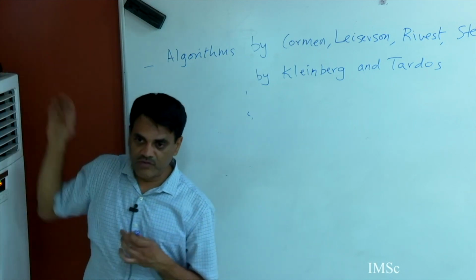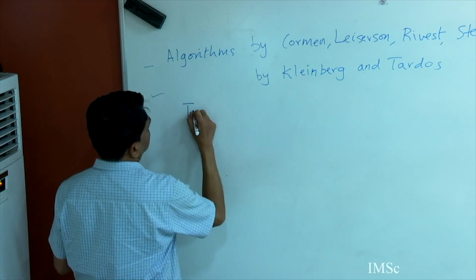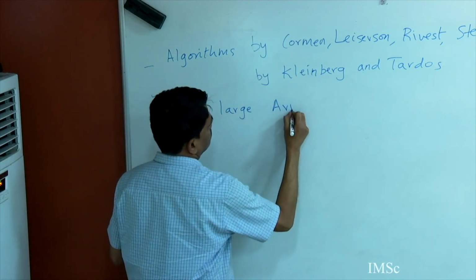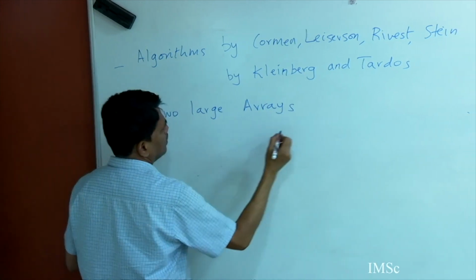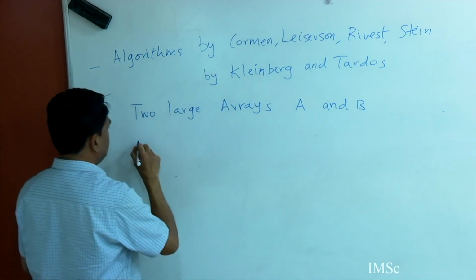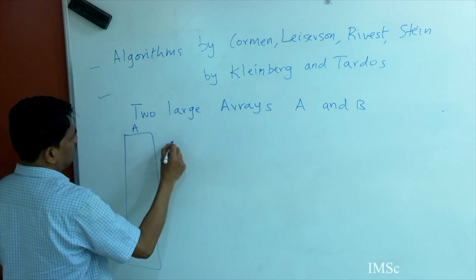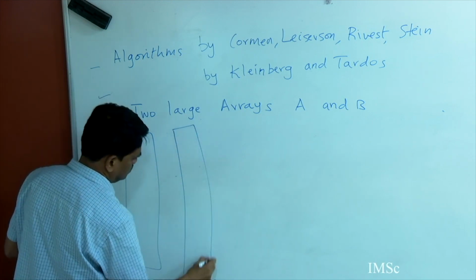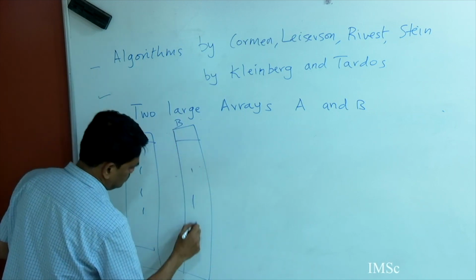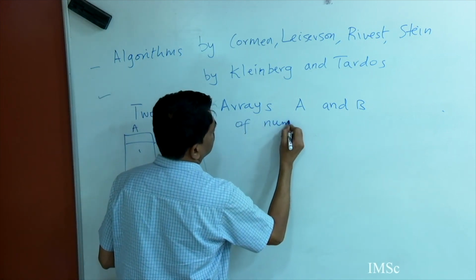Okay, so let's start with the following problem. So you have two large arrays. Okay, let's call them A and B, containing, let's say, some n numbers.